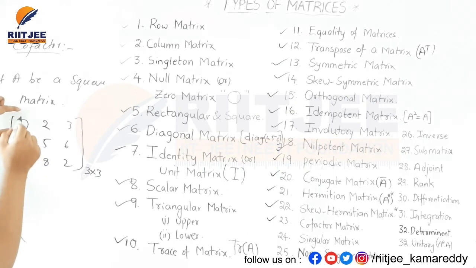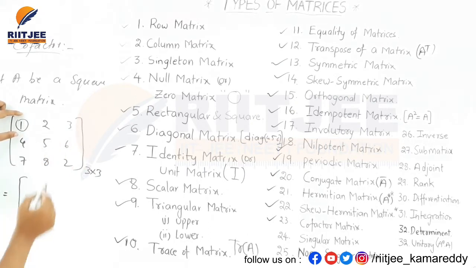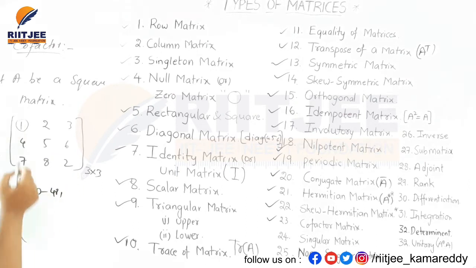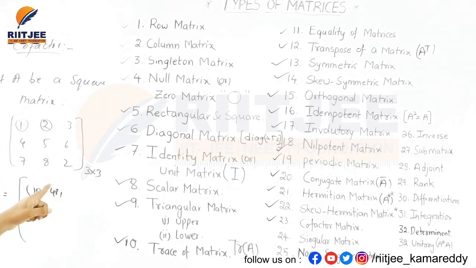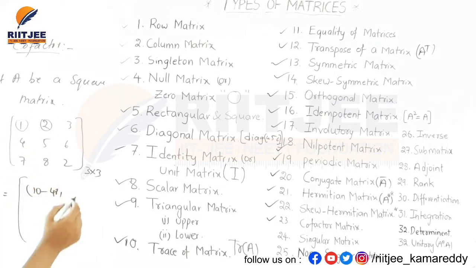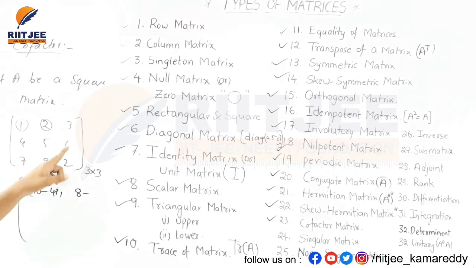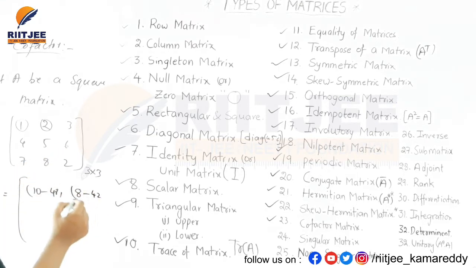For 1, leave out its row and column. We get 5 times 2 is 10, minus 8 times 6 is 48, and that is the minor of this value. For the minor of this value, eliminate the row and column, we get 4 times 2 is 8, minus 7 times 6 is 42.